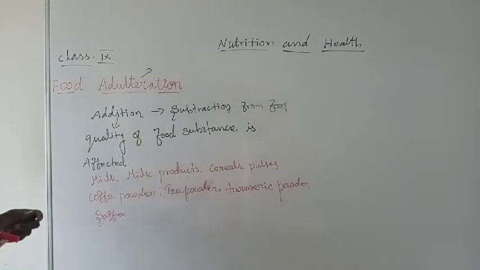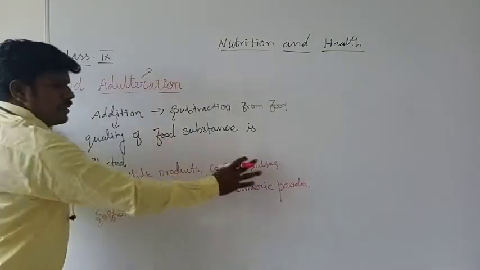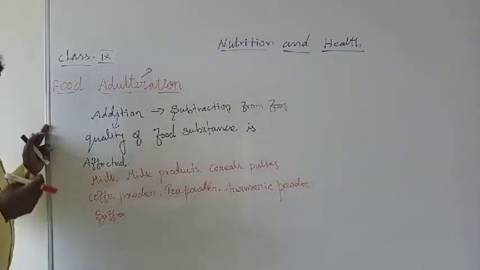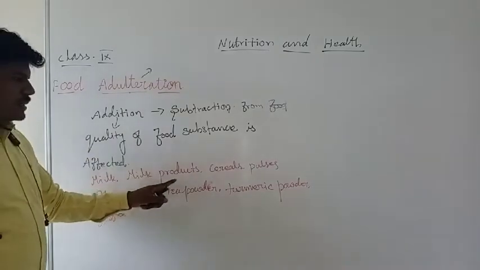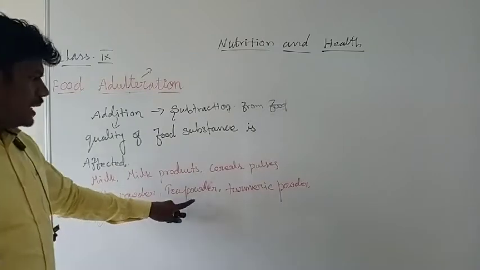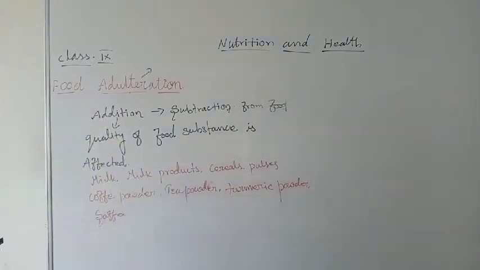Just think about what foods have the possibility of adulteration: milk products, cereals, pulses, coffee powder, tea powder, turmeric powder and saffron.